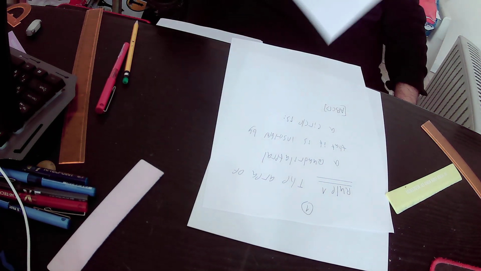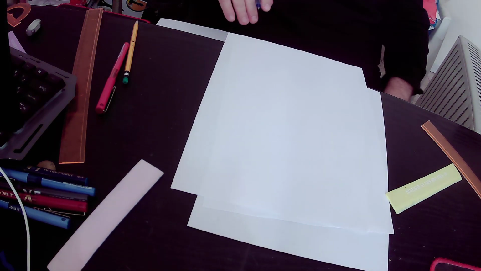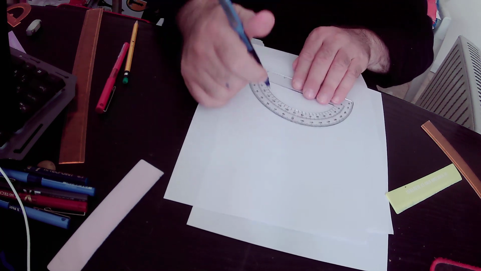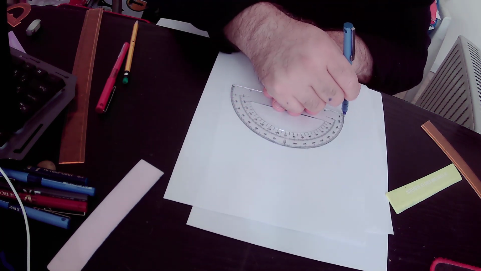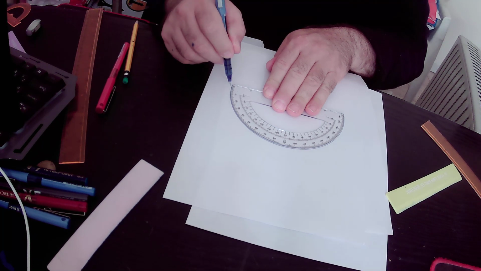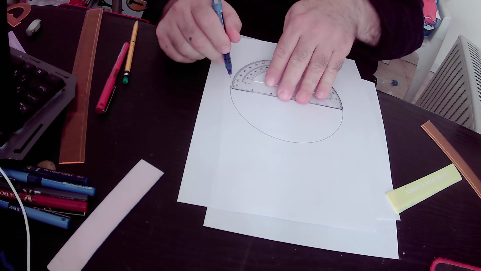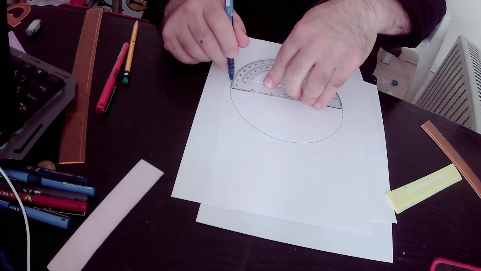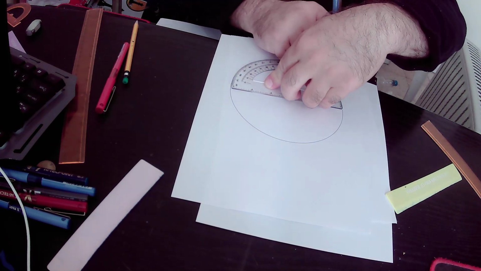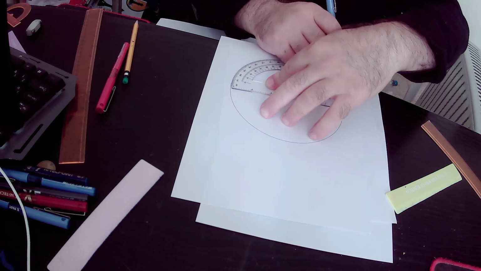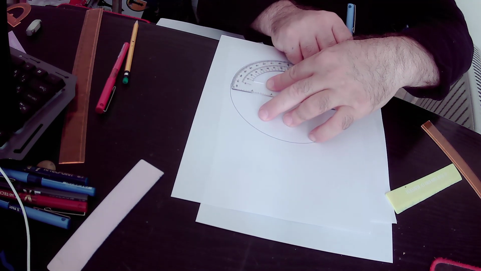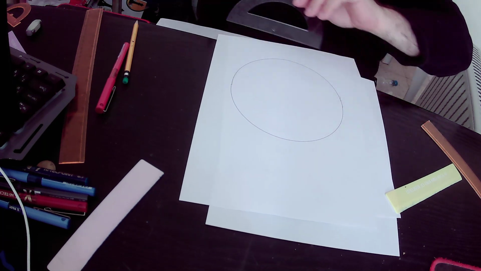So suppose we have a quadrilateral, we have this circle, and inside this circle belongs a quadrilateral.